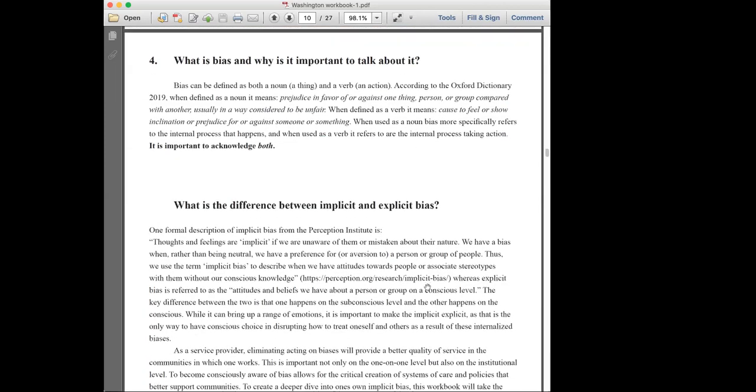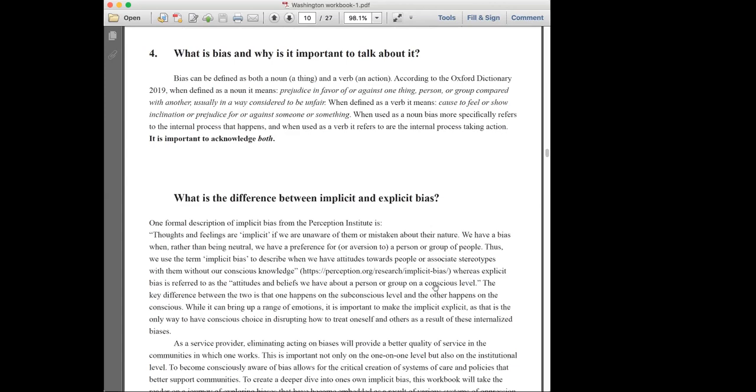Next, we start to dive into what is bias and why is it important to talk about. In this section, we are starting to make the distinction between implicit bias and explicit bias. The focus of the workbook really is on implicit bias, but in order for us to really start to understand implicit bias, we want to make sure that we are able to distinguish that from explicit bias.